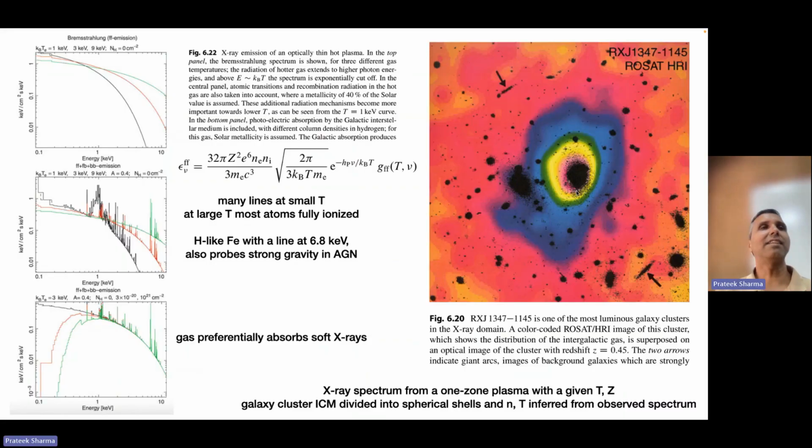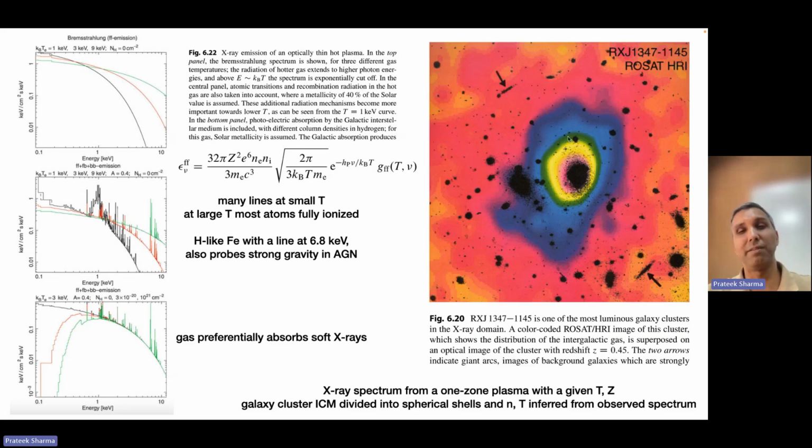Last time we saw that galaxy clusters are overdensities of galaxies, especially red and dead elliptical galaxies in the sky. But they are also an extremely important source of X-rays. And here is another example. This is RxJ 13471145. This is one of the most luminous galaxy clusters. This is in X-rays.